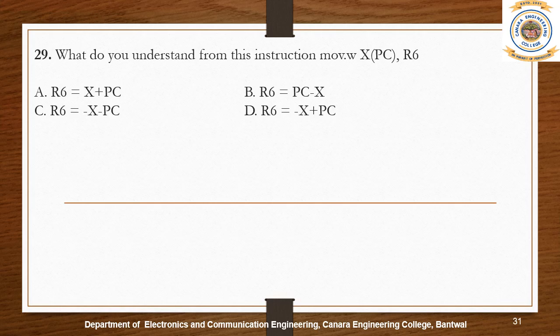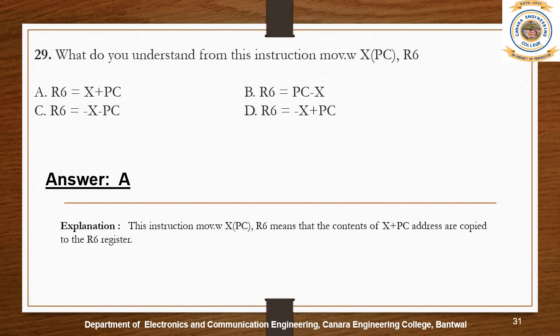The example here, MOV.W X(PC), R6, is an indexed addressing mode where PC is the base address and X is the offset. So X plus PC is the source location and R6 is the destination location. The content that is present at the address X plus PC is copied into R6 using this particular instruction.